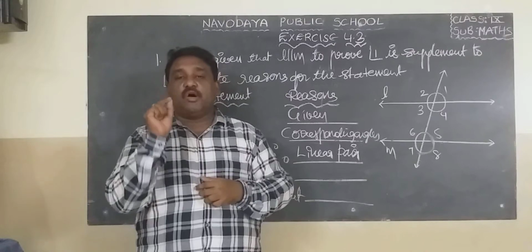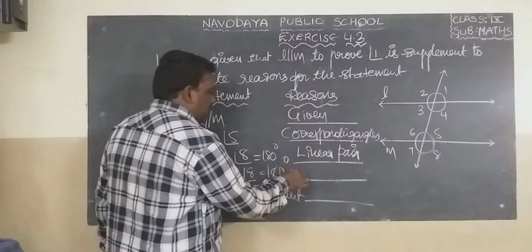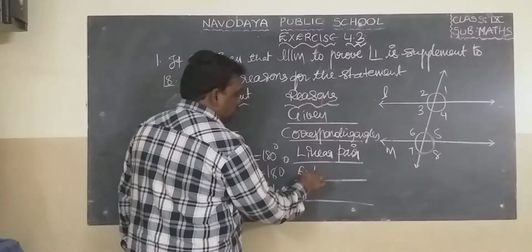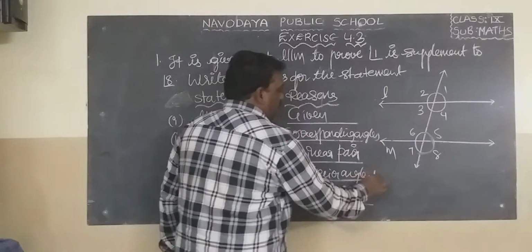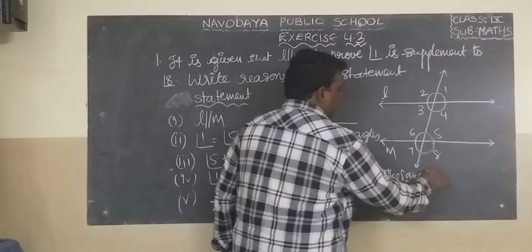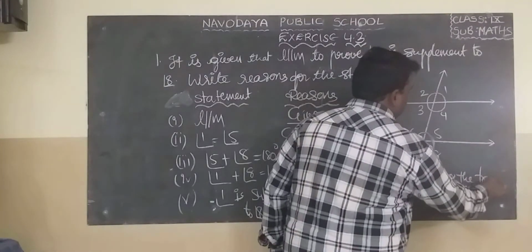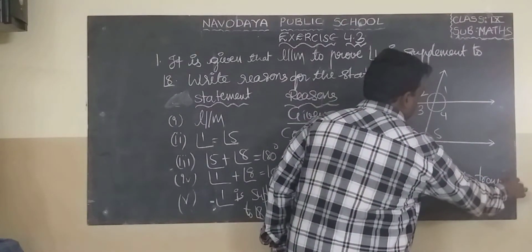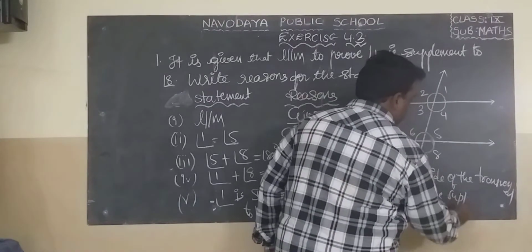Exterior angles on the same side of the transversal are supplementary. What is the reason? Exterior angles on the same side of the transversal are supplementary. That is the reason.